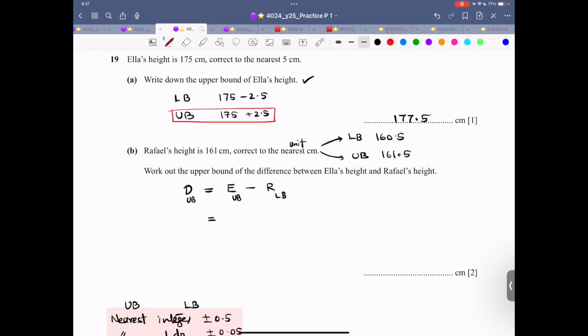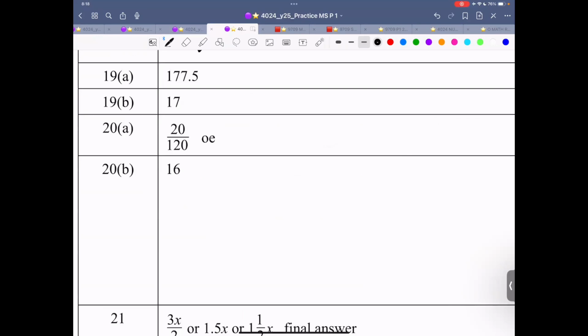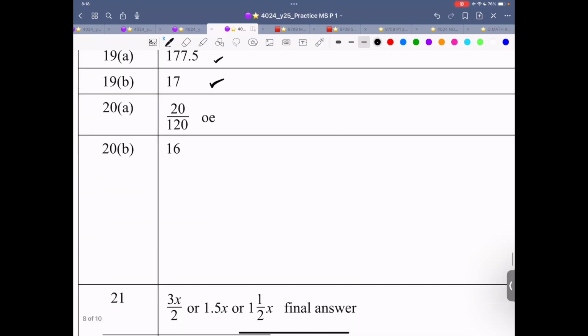That is 177.5. And Raphael, you have to figure it out for yourself. Raphael lower bound is what? 160.5. So when we calculate the difference, 0.5, 0.5 cancel. This comes out to be 17. So this answer is 17. Let's double check. So 177.5 and 17. That is the answer.